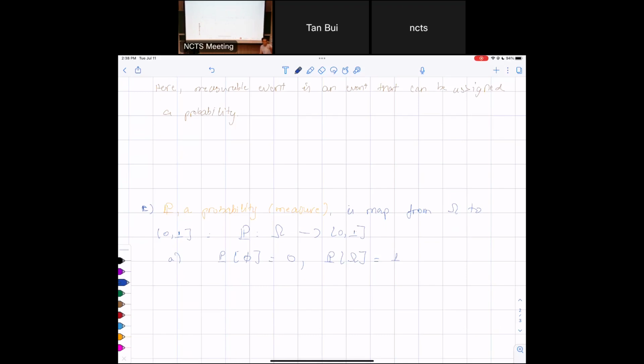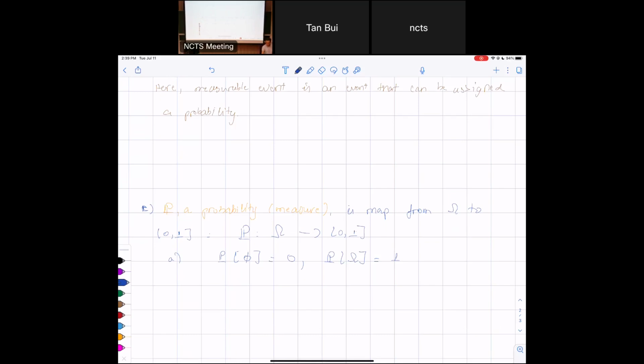Thinking about flipping a dice, the probability that the face showing up is between 1 and 6 is for sure 1. You cannot get out of that.